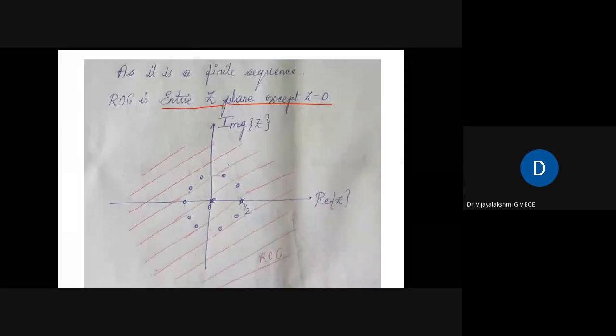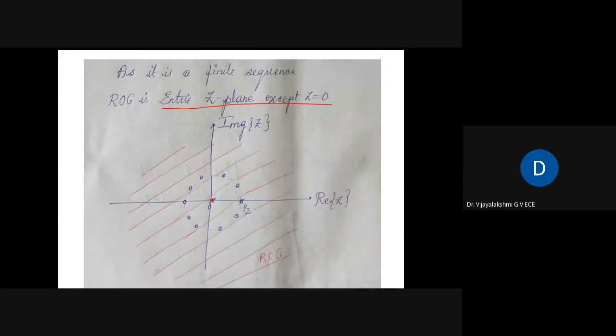The denominator gives the poles. How many poles are there? As you can see, z power 9 into z minus half gives 9 poles at the same point, z power 9, and 1 pole at half. As per our properties, the ROC is the complete Z plane except z is equal to 0 or z is equal to infinity.